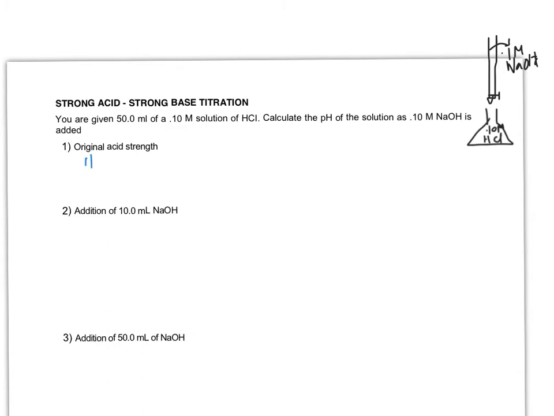And so my HCl dissociates into H plus and Cl minus 100%. If this is 0.1 molar, then this is 0.1 molar, and this is 0.1 molar. I already know what the H plus concentration is. pH is negative log of the H plus concentration. So negative log of 0.1 molar, which is 1.0.